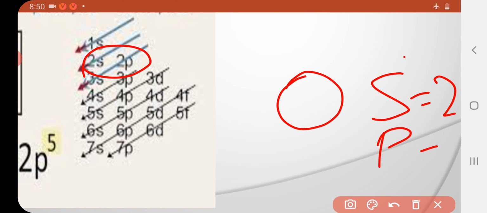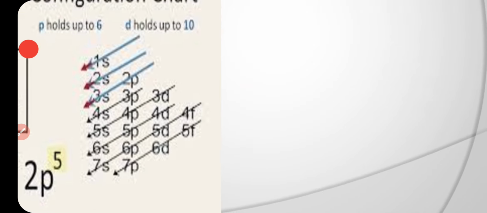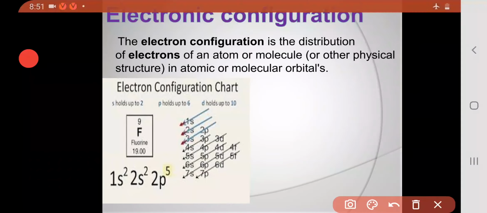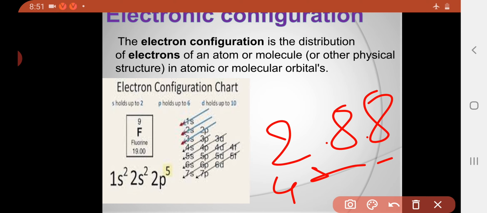When we fill the 8 electrons, again s will come, then p will come. In this way we are filling. Don't mind about this because you will study all this in a higher class. This is just a basic concept for you. Keep in mind that while filling the electrons we follow the rule 2, 8, 8. Then we fill the fourth shell with 2. Then we come to the next one of 10.